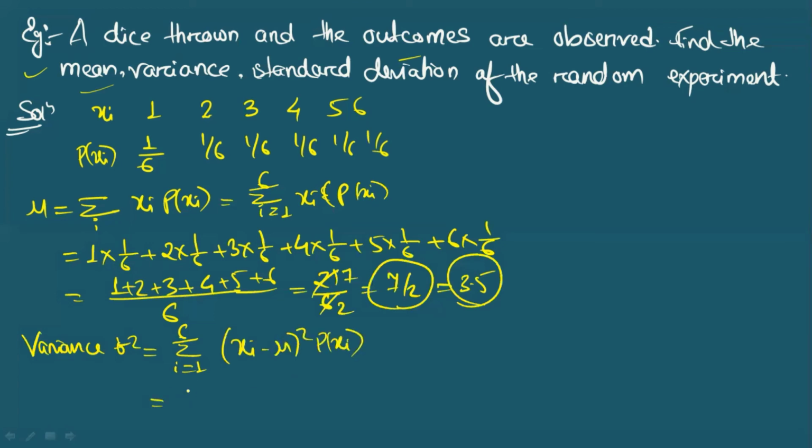So now in this case, here xi minus mu: x is 1, the mean is 3.5, whole square, probability is 1 by 6.